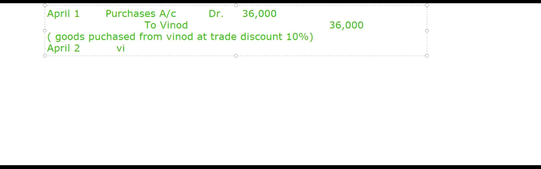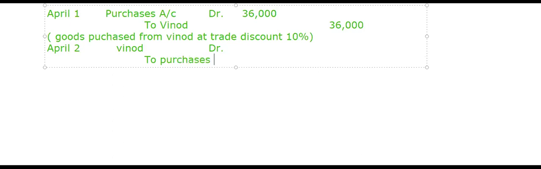So the entry will become Vinod debit to purchases return. Now, when we do the purchases return, the purchases return account will be credited and Vinod account will be debited.